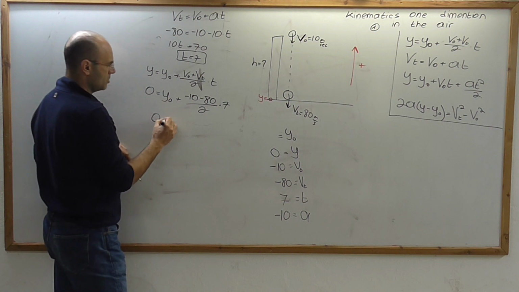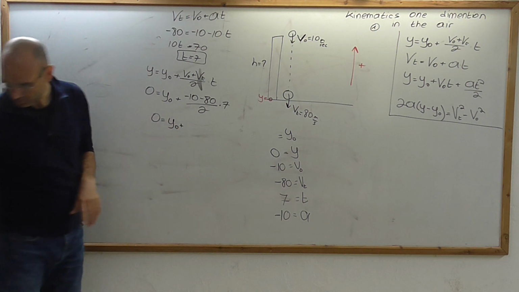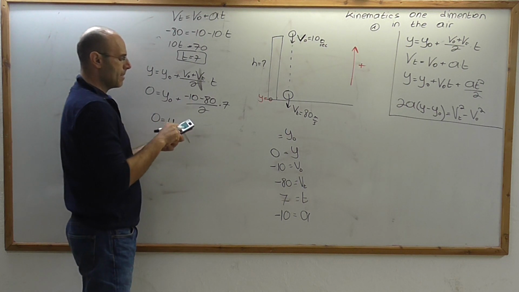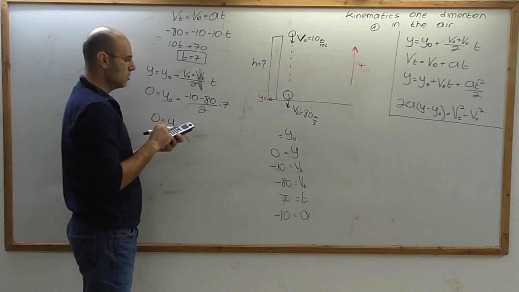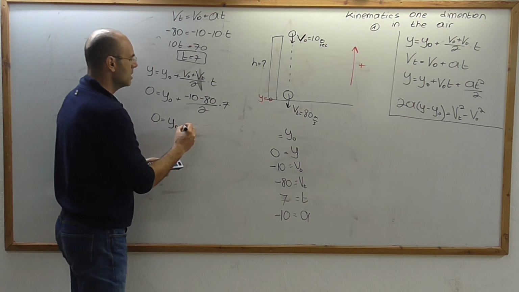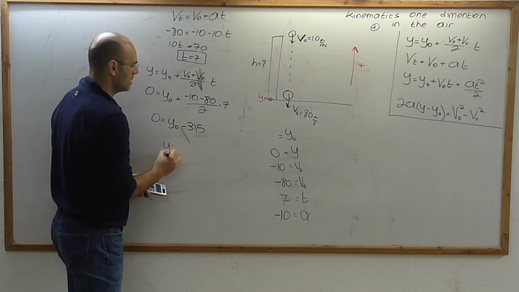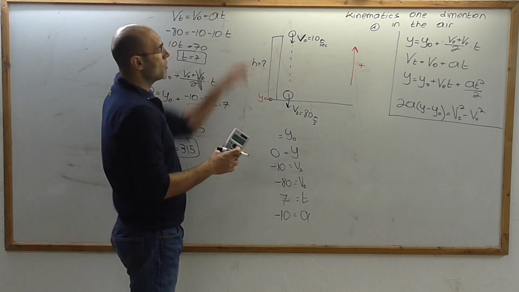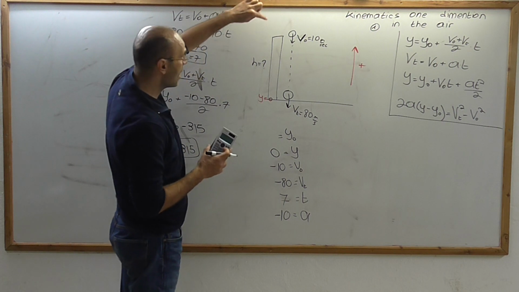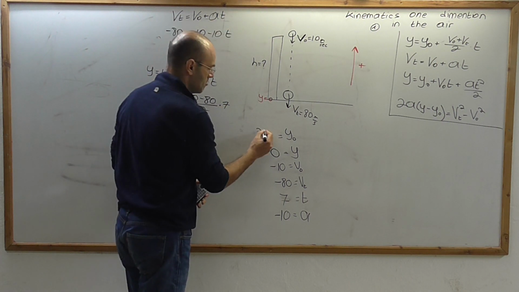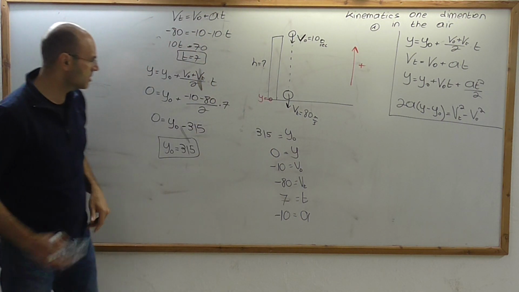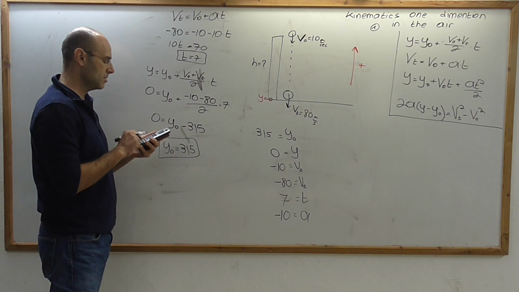So 0 equals y0 plus minus 90 multiplied by 7 divided by 2, it's minus 315. So y0 is 315, and y0 means where I started from. It finished at 0, so the height is 315 meters.